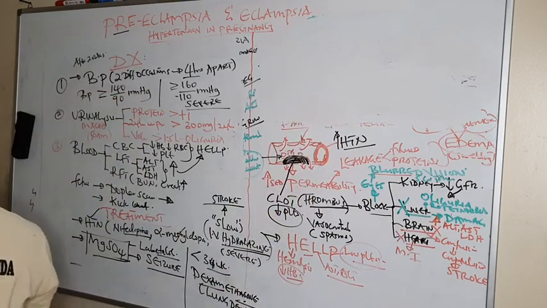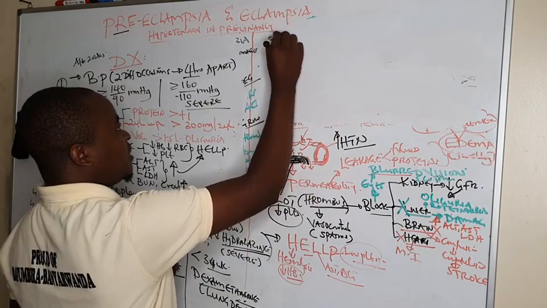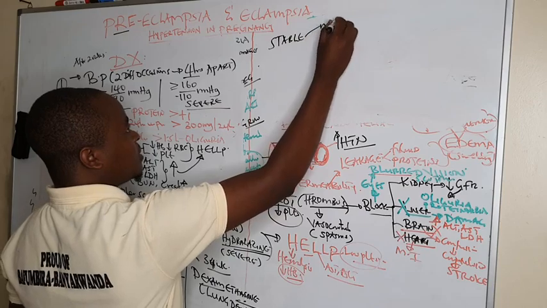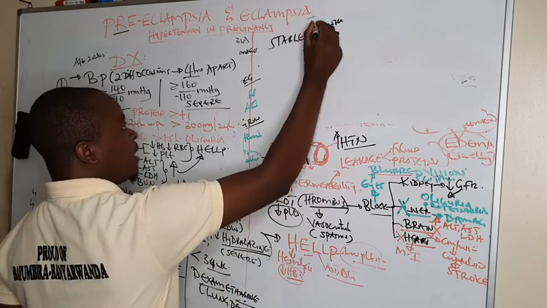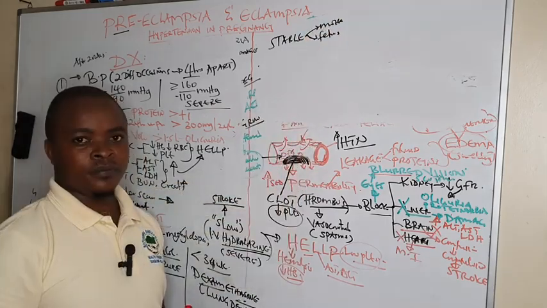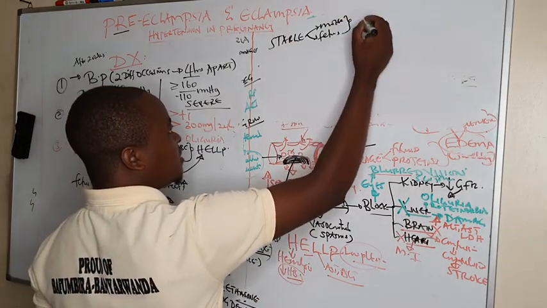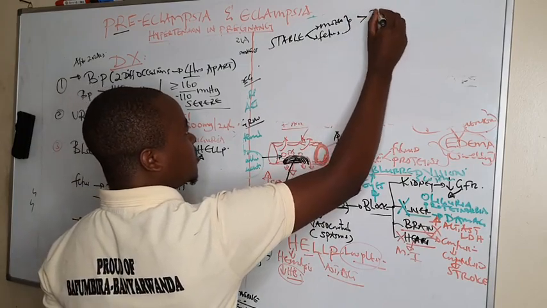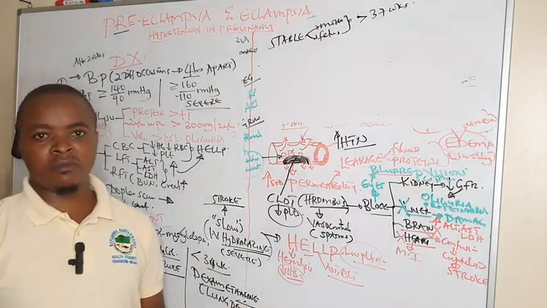And as we are continuing to manage, in case you find this pregnant mother is before term and the mother is stable, and the fetus is stable, here you continue managing blood pressure. You can plan to deliver after 37 weeks, or you can continue to monitor until term is reached.